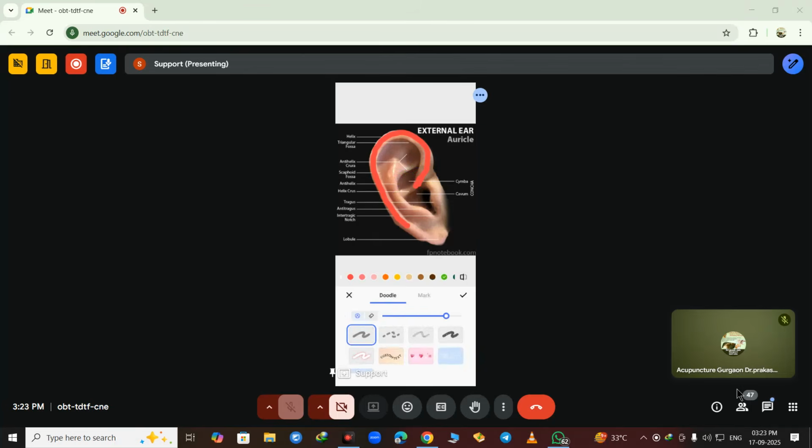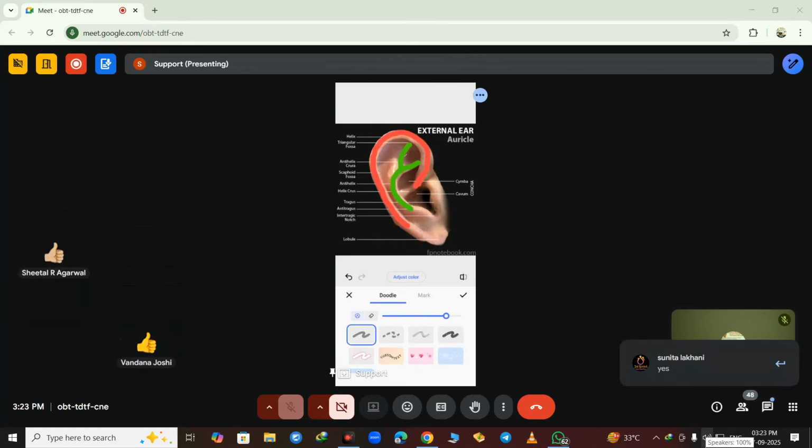Can you see the red helix and green antihelix? इसके मैं क्लियर फोटो भी ग्रुप में भेजूंगा. ओके, फैंटास्टिक. चलो.